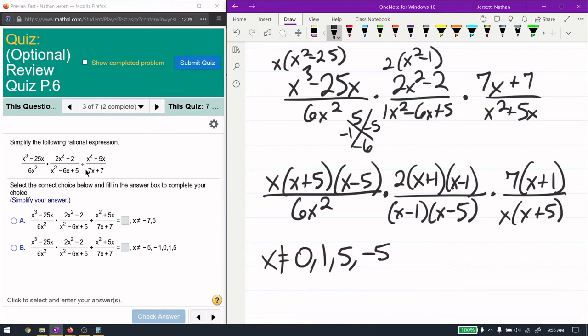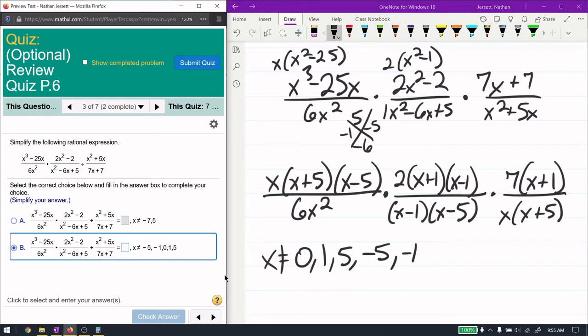And like I said before, 7x plus 7 was in the denominator originally. So we must consider, when does this thing give us 0 as well? Because it was the same thing as this. And that happens when x equals -1. So -1 is also included in that answer. So you can see automatically it's going to be B.